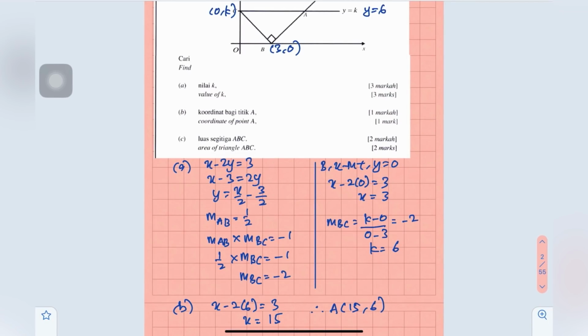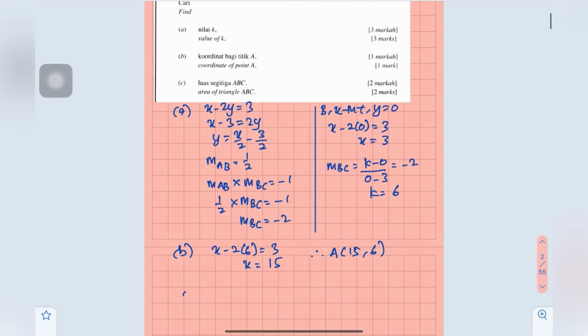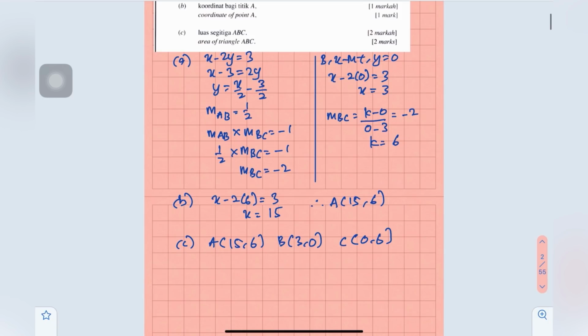C, area of triangle ABC. Okay, area of triangle ABC. So kita ada point A is 15, 6. B kita ada 3, 0. And C kita ada 0, 6. Okay, so kita just substitute all the points into the formula. Okay, area sama dengan 1 over 2, 15, 6, 3, 0, 0, 6, 15, 6.